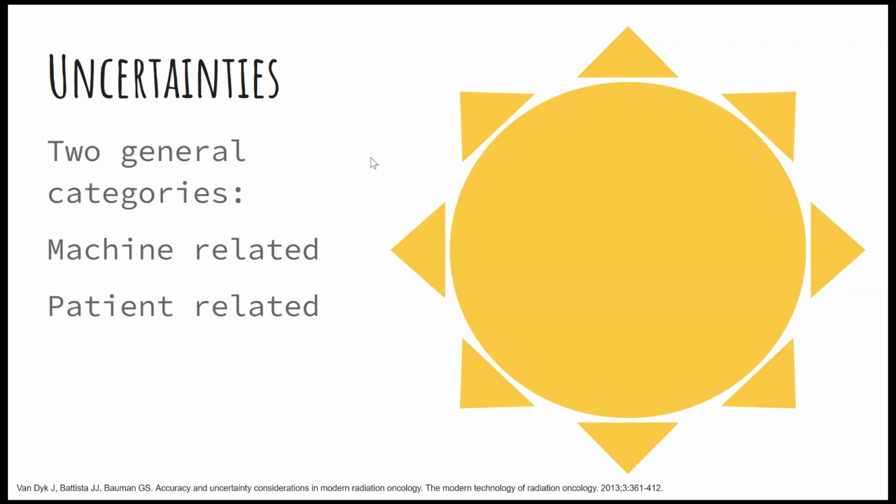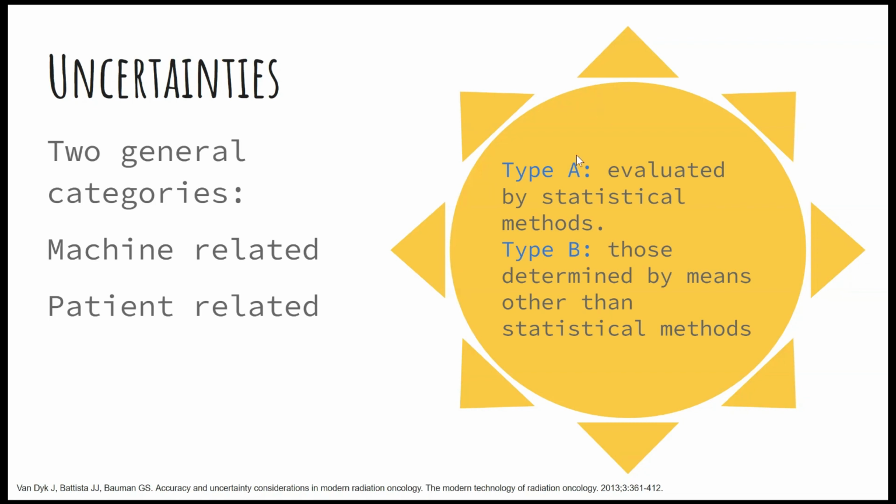Now, coming to the uncertainties, we talked about these uncertainties due to which we were making a PTV everywhere. These can be machine related or patient related. Another classification we have is type A and type B. Type A can be evaluated by statistical methods, while type B we cannot decide by statistical methods.